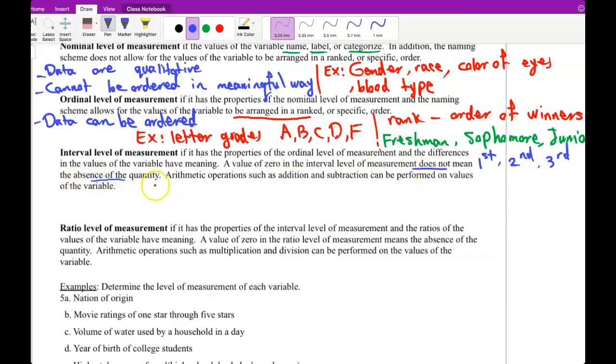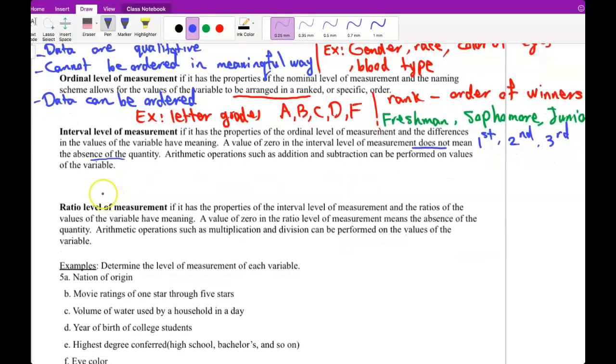For example, if the answer was equal to 0, that doesn't mean that you don't have that part. Let's say one example, what if the temperature was equal to 0 degrees? That doesn't mean that you don't have temperature. Actually, you have temperature, but the temperature is equal to 0. Depending on whether it is Celsius or Fahrenheit, you can convert. But the point is that if the answer was equal to 0, you actually have a number in there.